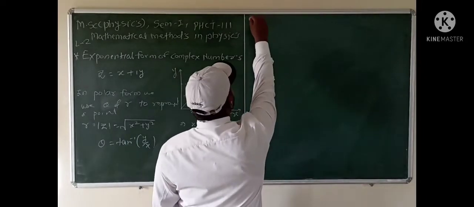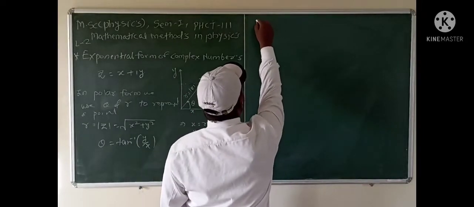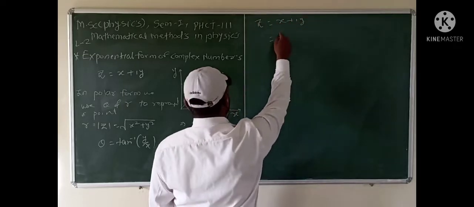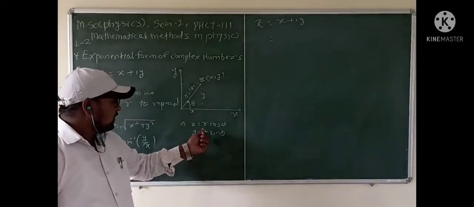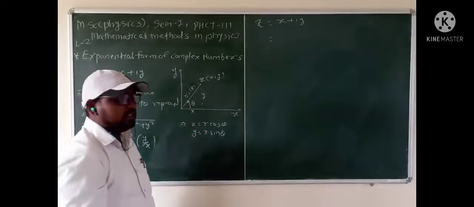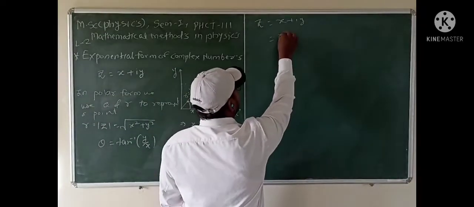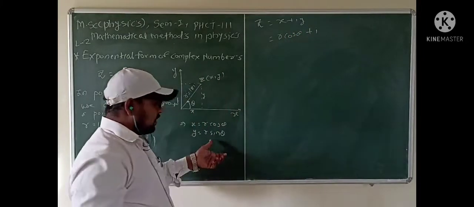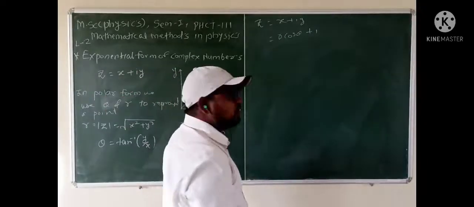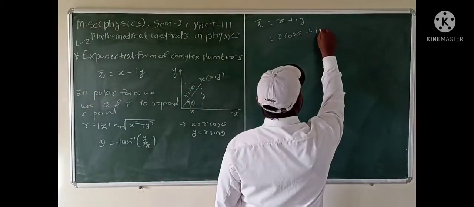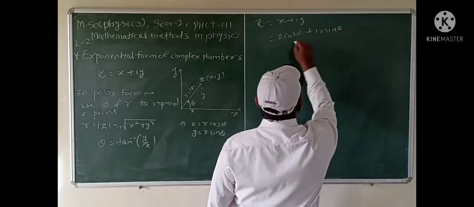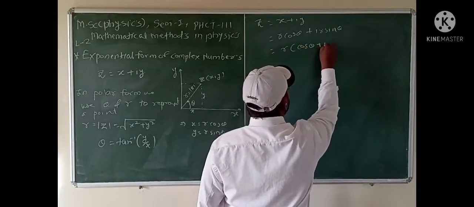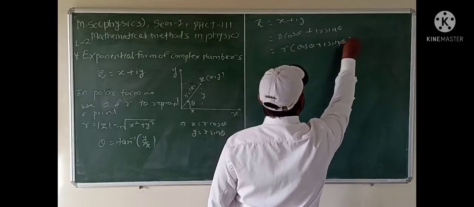This can be written in another form as z is equal to x plus iy. Here x is equal to r cos theta, and y is r sin theta. So z is equal to r cos theta plus i r sin theta. Taking r common, we are left with r times cos theta plus i sin theta.